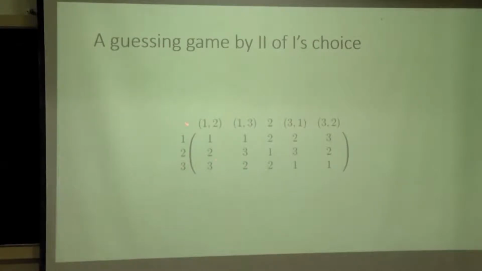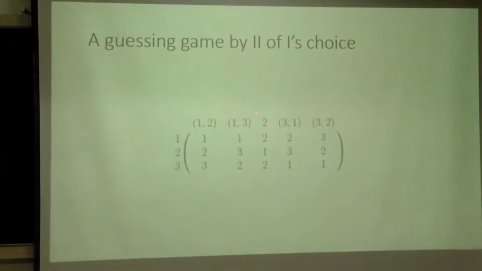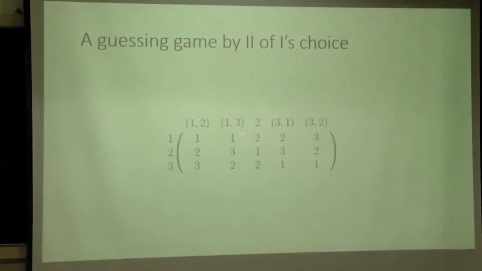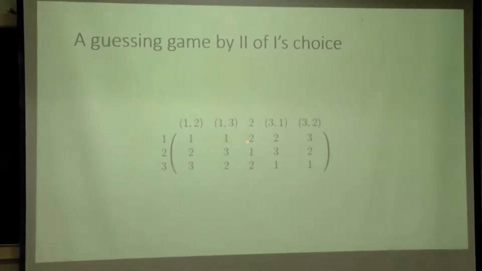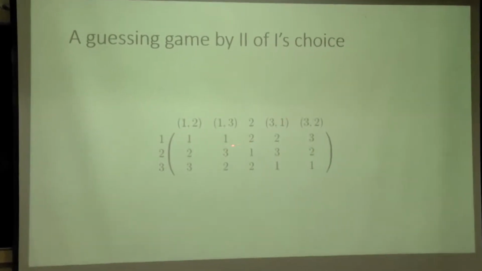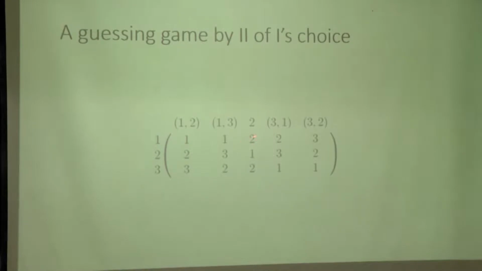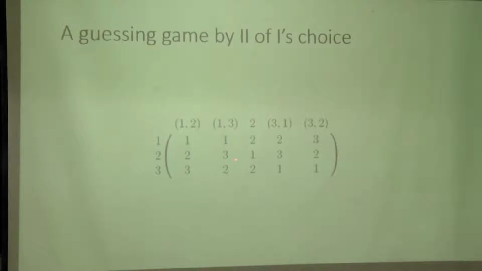Each column is called a pure strategy. So let us look at this one. His first guess is 2. If it is 1, he is going to say 2 is high. Then automatically it must be 1. Let's look at this one.